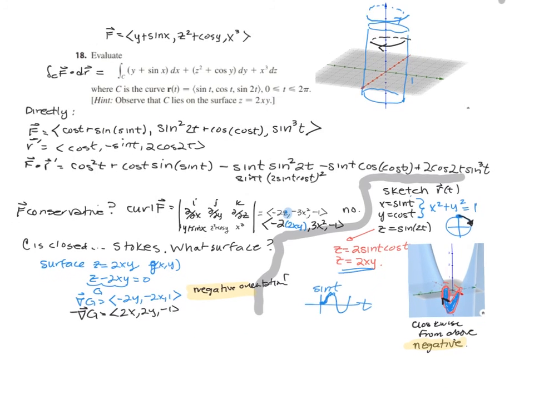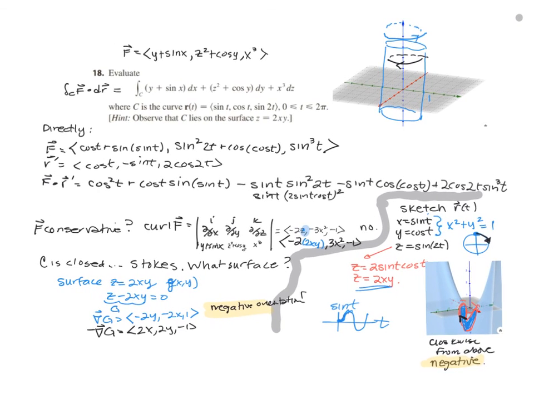So then we just dot those. So we're going to take the curl and we're going to dot it with the opposite of the gradient of g. I always have to really focus on what I'm dotting. I'm dotting that with that.